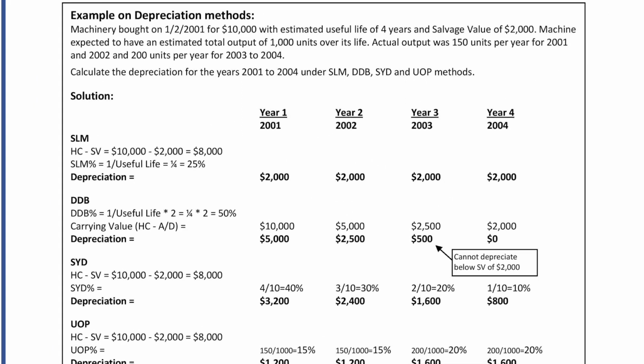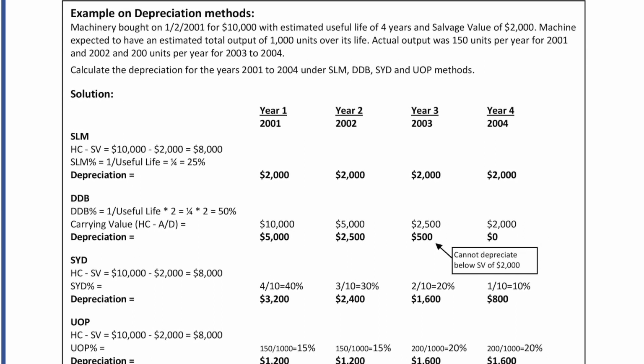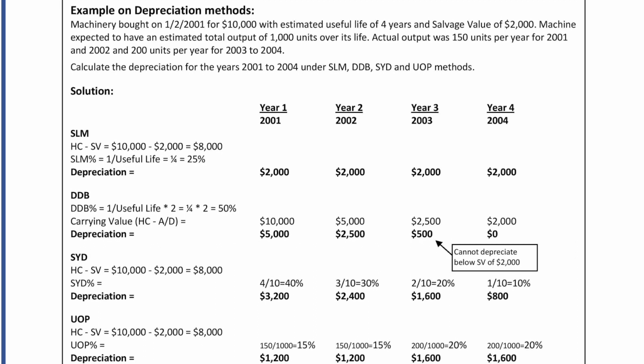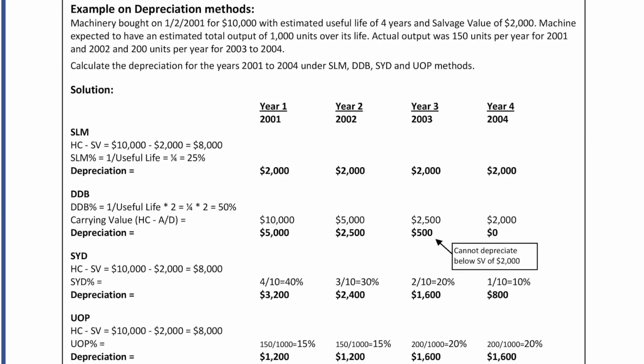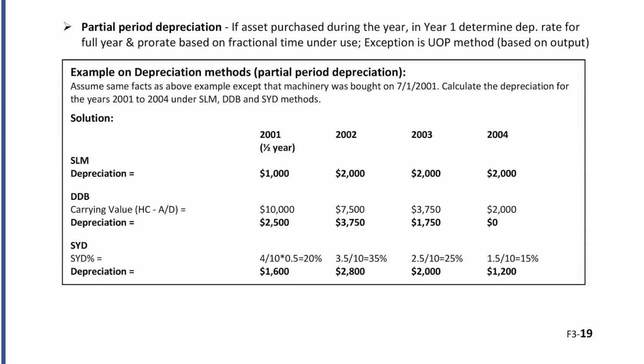We got a couple of examples out here. The first example on depreciation methods is what we just solved on the board. So we saw the straight line method of depreciation versus double declining balance versus sum of the years digit versus units of production method. Now the second example towards the bottom of this page is about partial period depreciation.